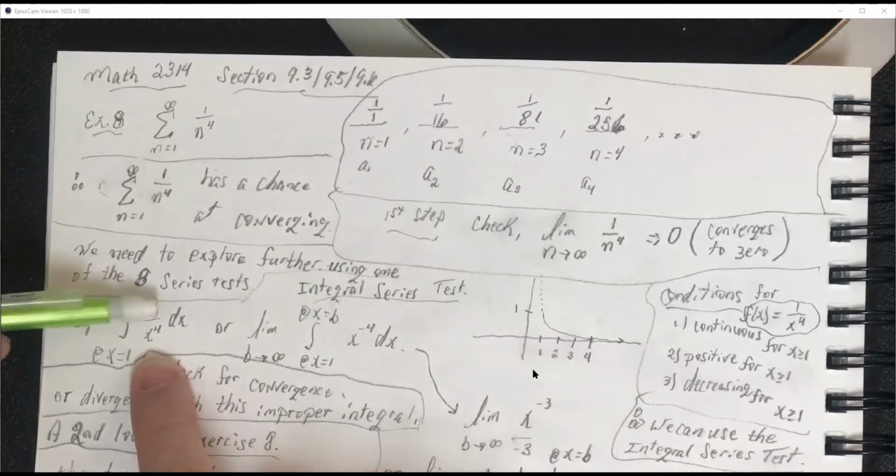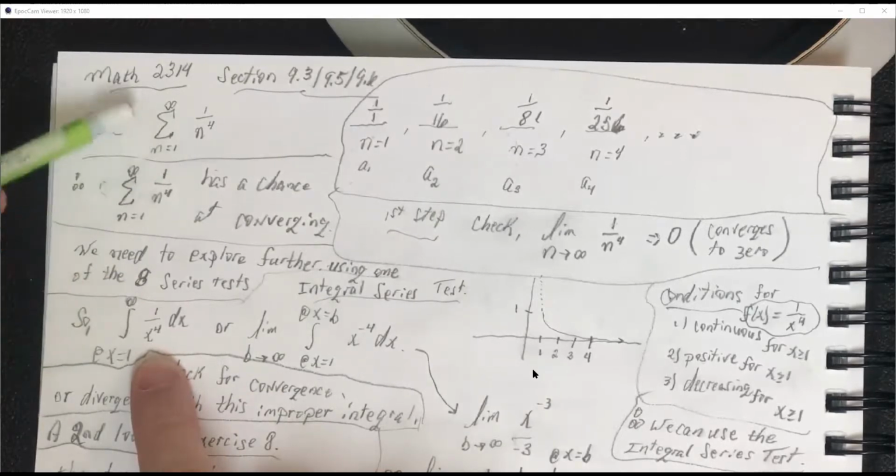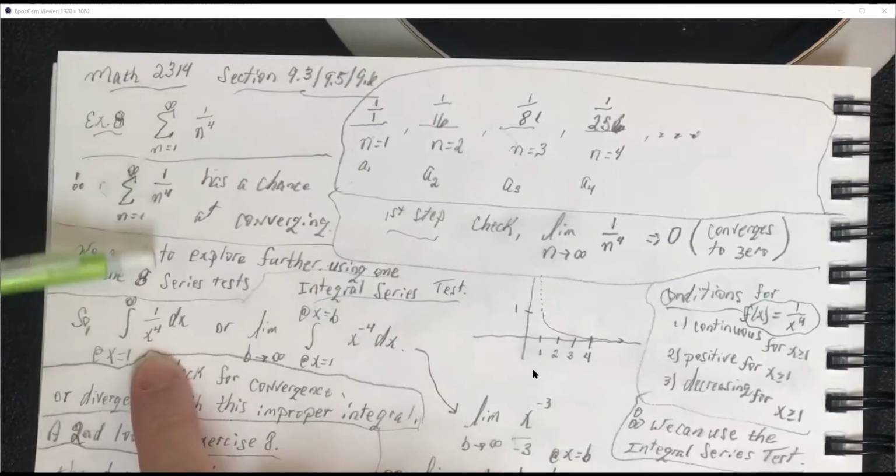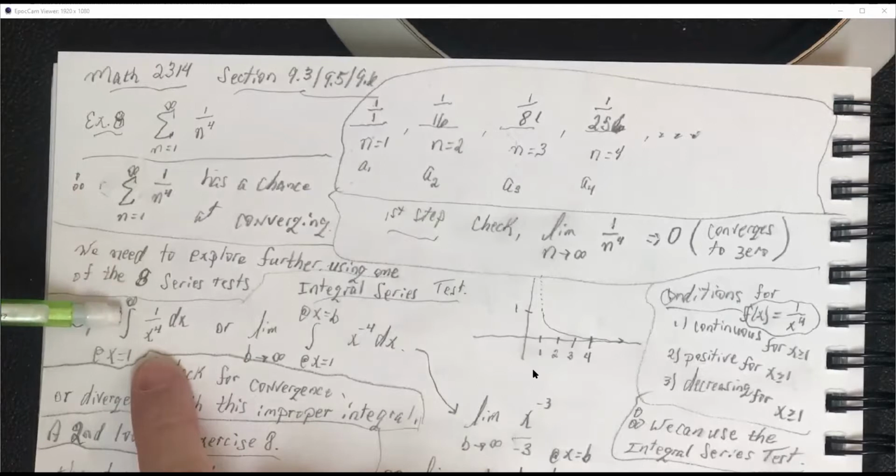So the integral would be from 1 to infinity, because that's where we're going here, and this is an improper integral.